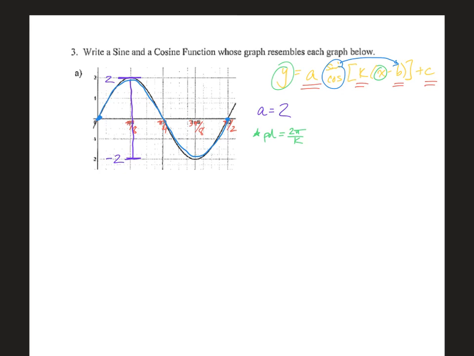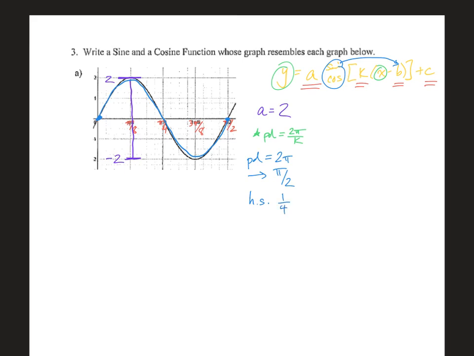If they think about the normal period of that sine curve or cos curve being 2 pi, and this period is now pi by 2, you can start to think about what you would do to 2 pi to change it into pi by 2, and you notice that you would have to have a horizontal stretch by a factor of 1/4.